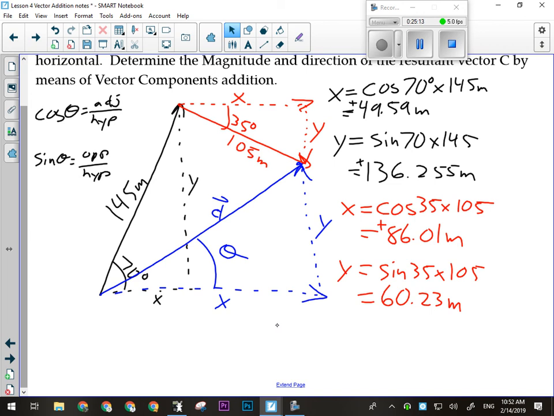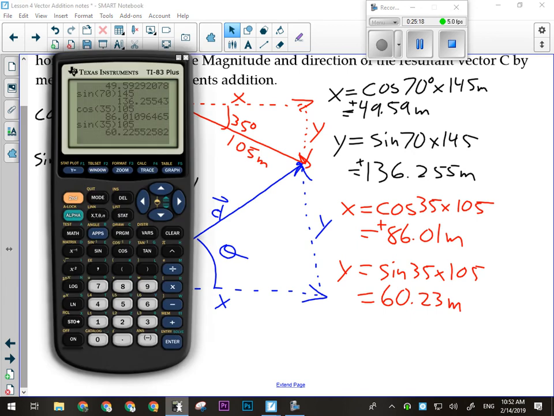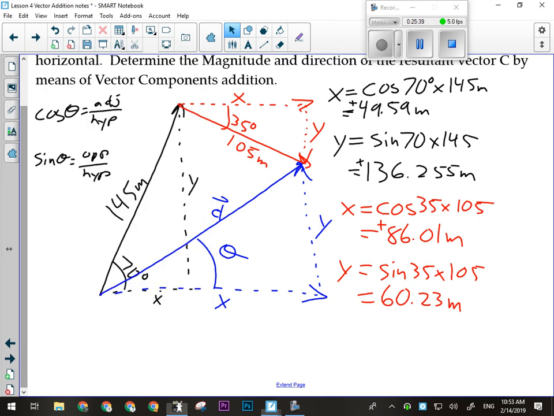Okay, so I'll take black x, which was 49.59292078, and add that to 86.01. That gives 135.603.